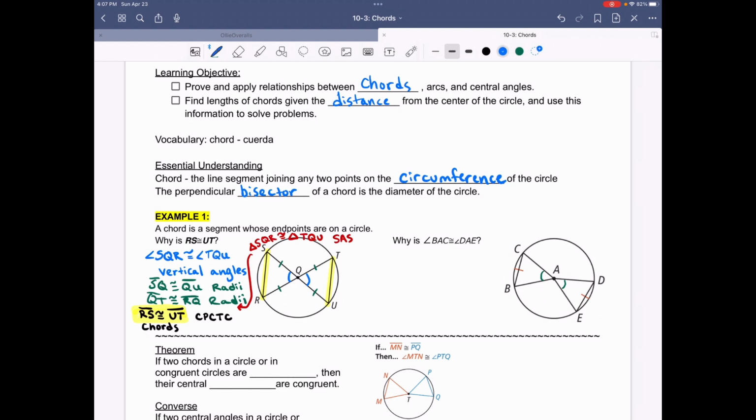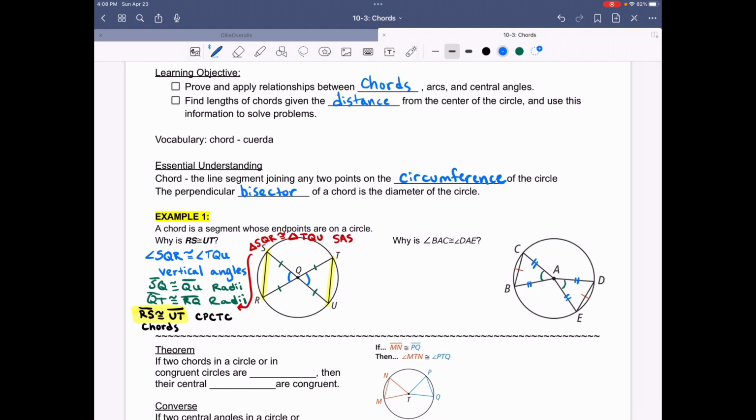I see it. Okay. This is a radius. This is a radius. These are also radii. So then we have an isosceles triangle with two sides congruent and the third side being congruent. So we can prove that these triangles are congruent by side, side, side, right?